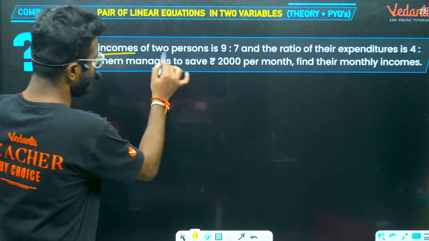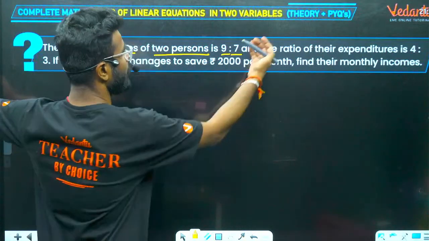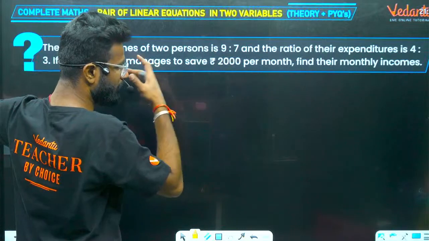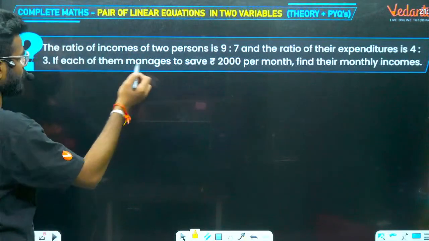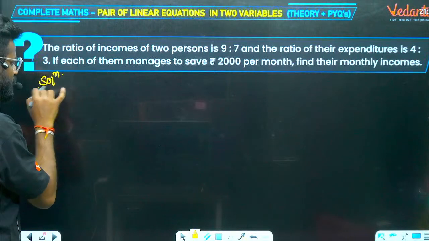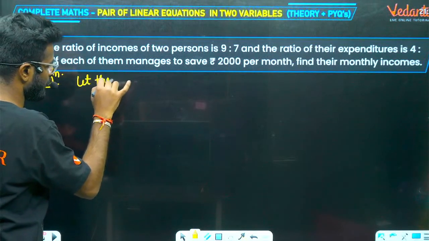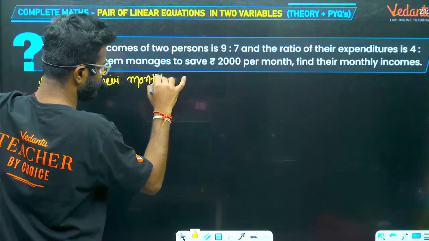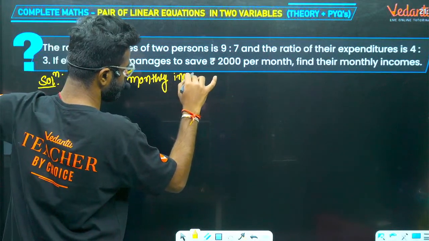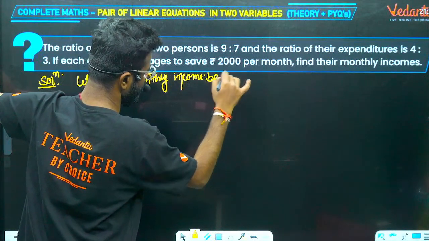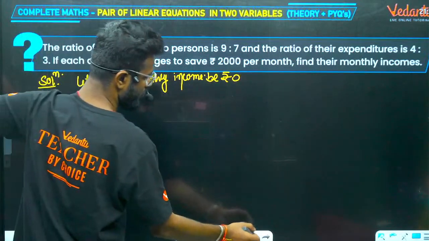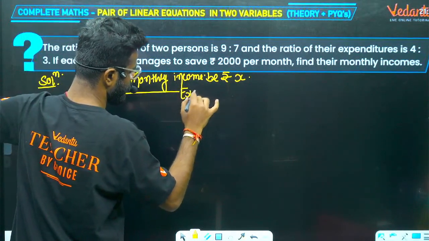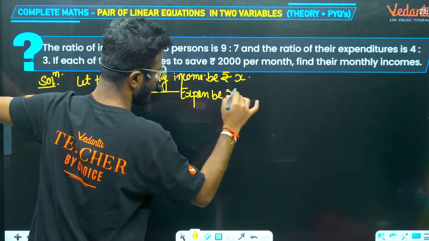The ratio of incomes of two persons is 9:7 and the ratio of their expenditure is 4:3. If each of them manages to save 2000 per month, find their monthly income. Simple. Let their monthly income be x and their expenditures y rupees.